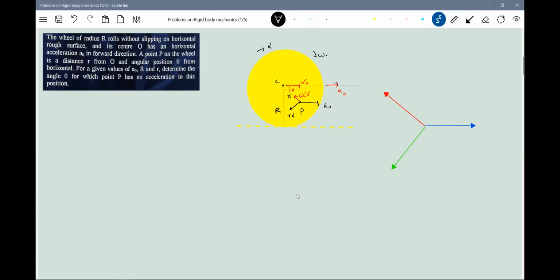Any condition for these two? It should be 90 degrees. And the way things are given, this is theta. If this is theta, this is theta. This is theta. And this is omega square r. This is linear acceleration. This is tangential acceleration.